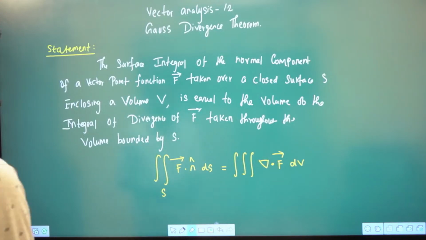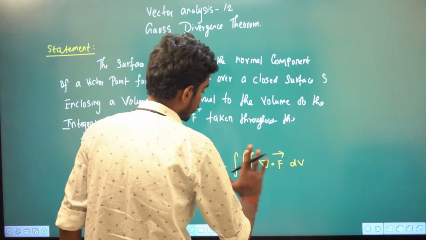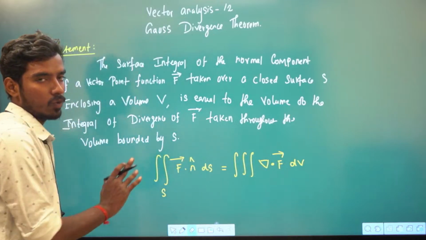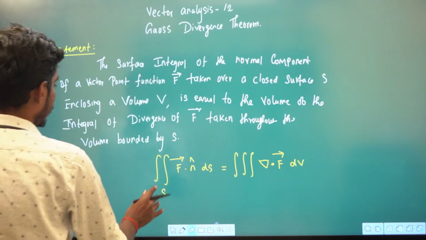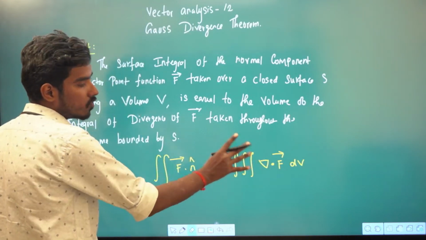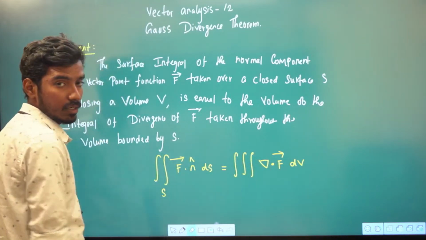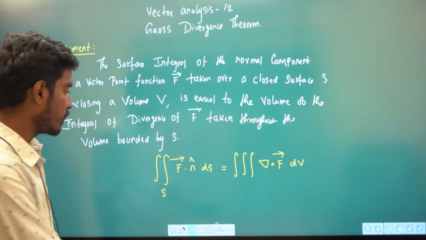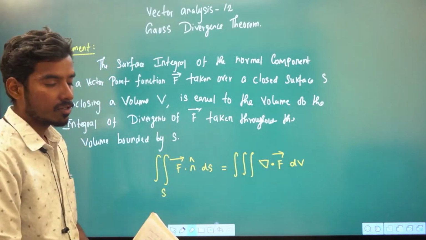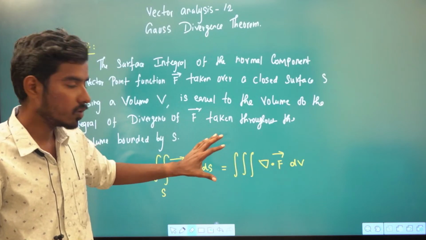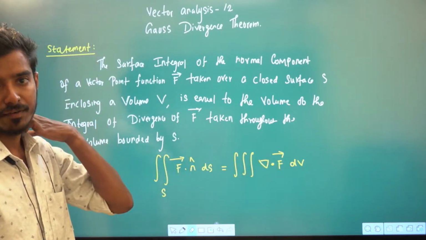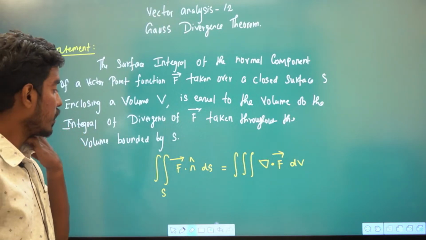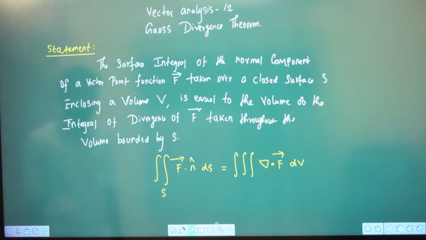So you just learn this theorem by heart, then you will work out the problem and it will be easy for you to understand. Surface integral is equal to the volume integral of divergence of F. This is the surface integral, this is the volume integral. So the surface integral taken over this surface is the same as the volume integral of del dot F, that is, divergence of F. This is what Gauss divergence theorem says, right?